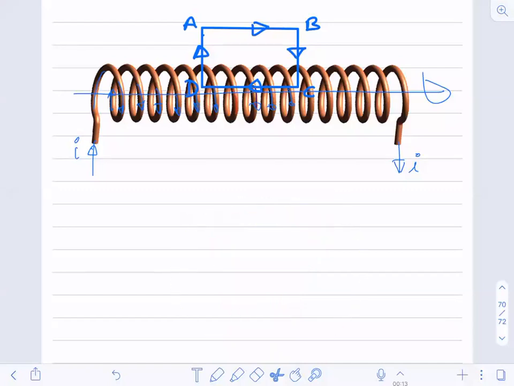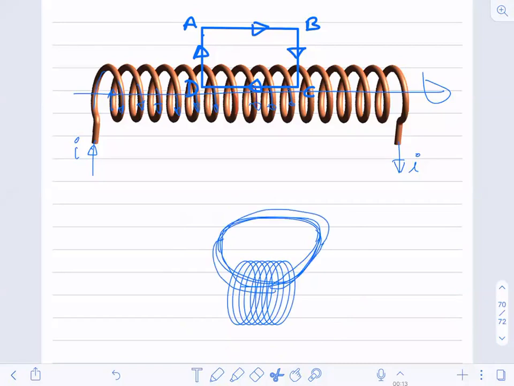Is it okay? So CD is in and AB is out of the loop, correct? The direction indicated in the loop represents the direction of magnetic field.